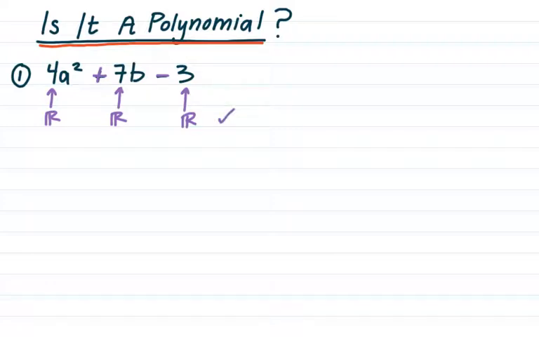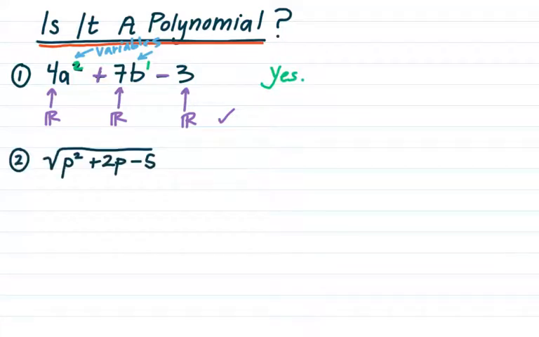And it can also have variables raised to powers that are whole numbers. So the variable a, the variable b, and this one, there's no variable, but that means to the power 0, so that's just fine. And the powers here are 2 and 1. Even though the variables are different, that's fine.